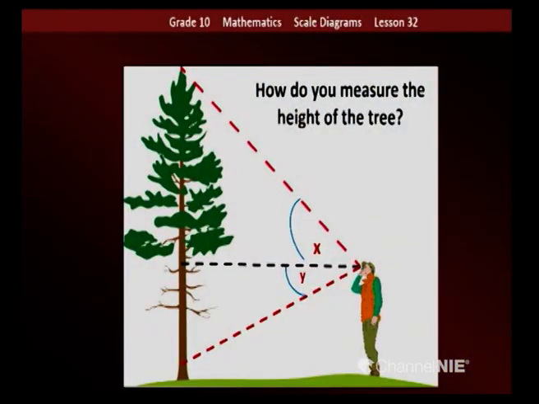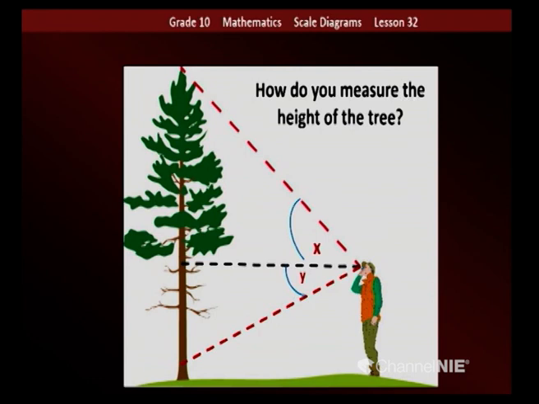Okay. Now you have learned the angle of elevation and angle of depression, and you know how to use the clinometer to measure them. Everything you know.